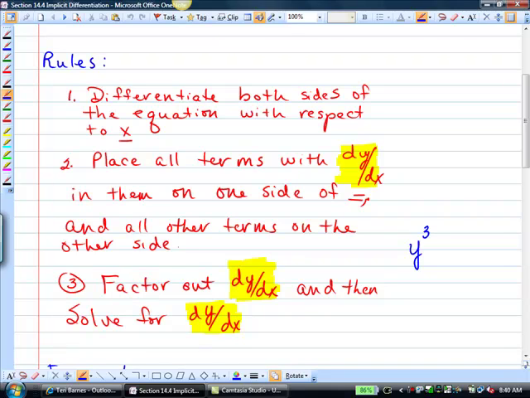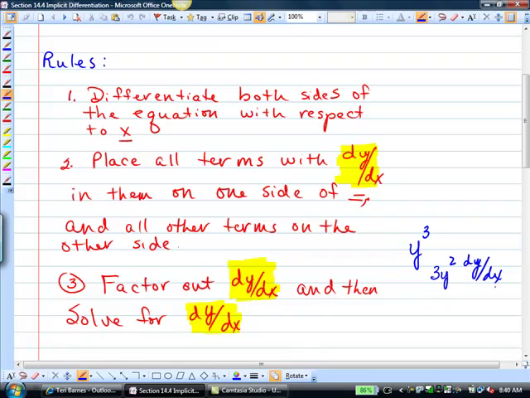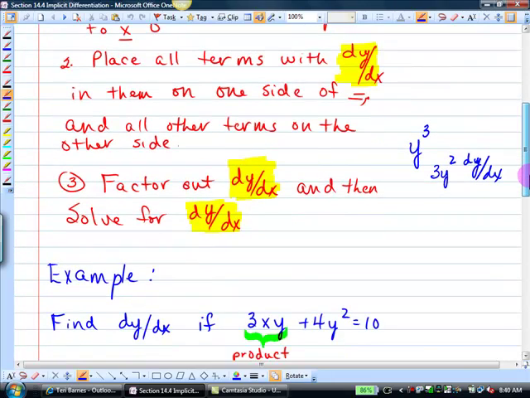Okay, but this is with respect to x. So the derivative of that would be 3y squared dy dx. You have to attach a dy dx if you're taking the derivative of anything other than x. So every place in the equation that there's a y, it's going to have a dy dx on it.